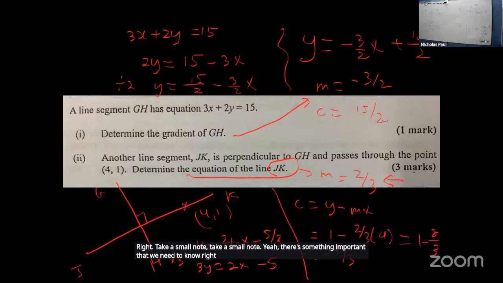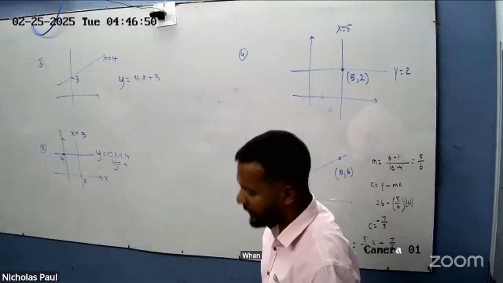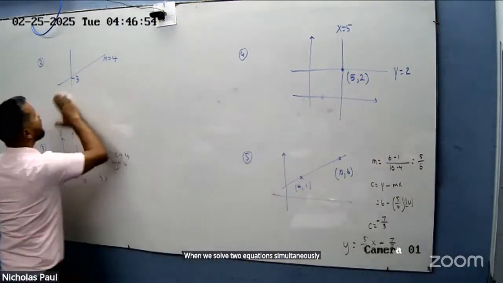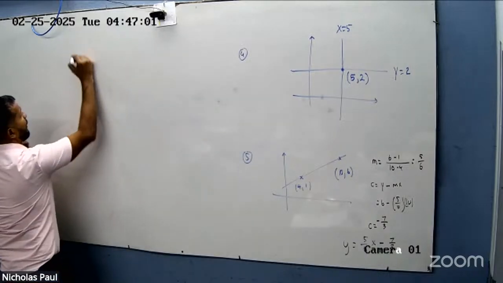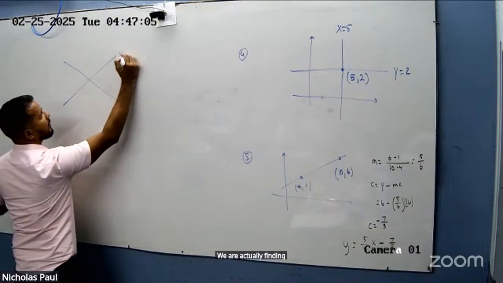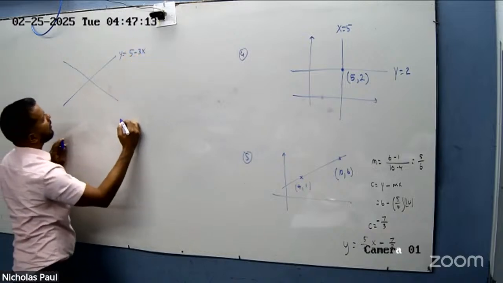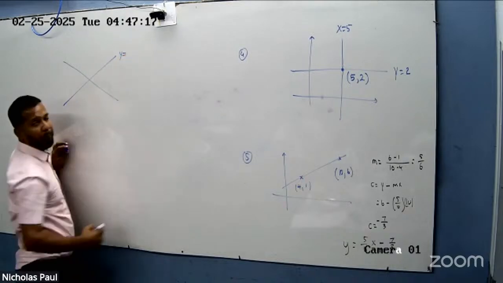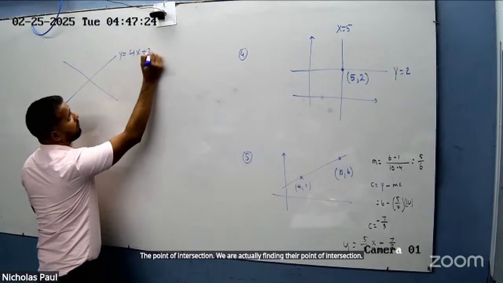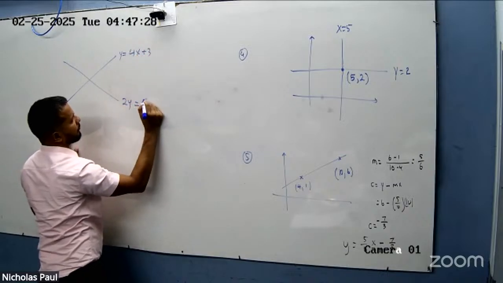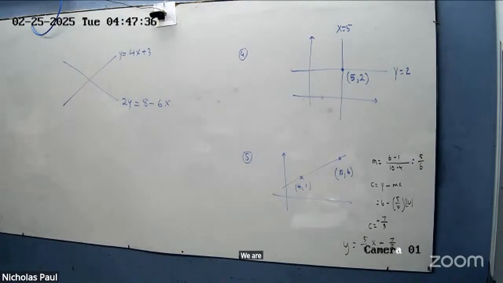When we solve two equations simultaneously, we are actually finding their point of intersection.